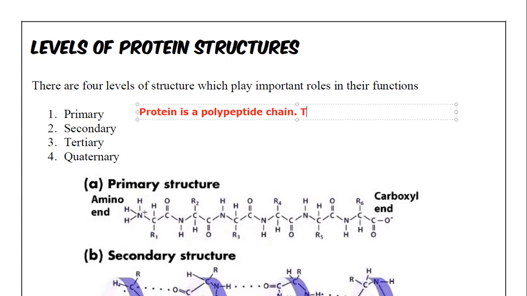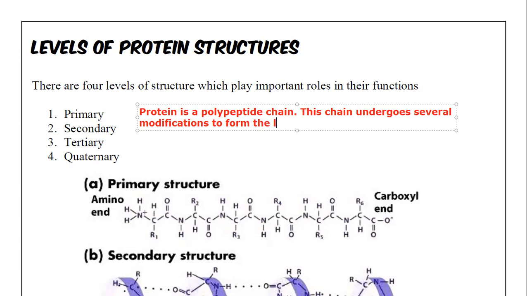Okay, this chain undergoes several modifications to form the levels of protein. Understood? Yes, sir. Protein is a polypeptide chain. That chain undergoes several modifications. The modification's output is one level.